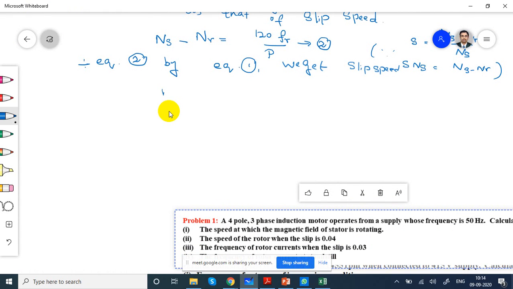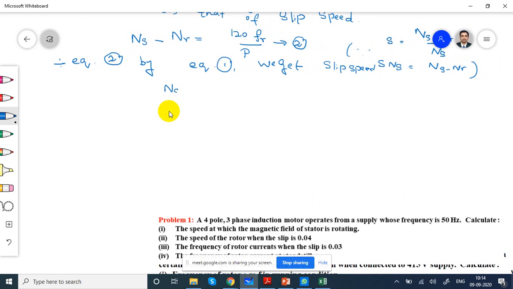Equation 2: Ns minus Nr equal to 120 Fr by P, divided by equation number 1, which is 120 Fs by P. Here P and P will be cancelled, 120 will be cancelled, and Ns minus Nr by Ns is re-expressed as s equal to Fr by Fs.